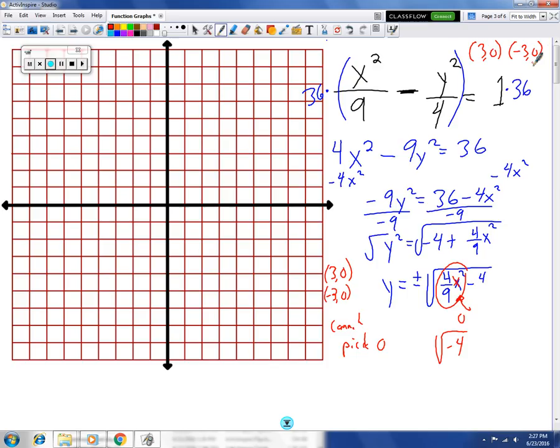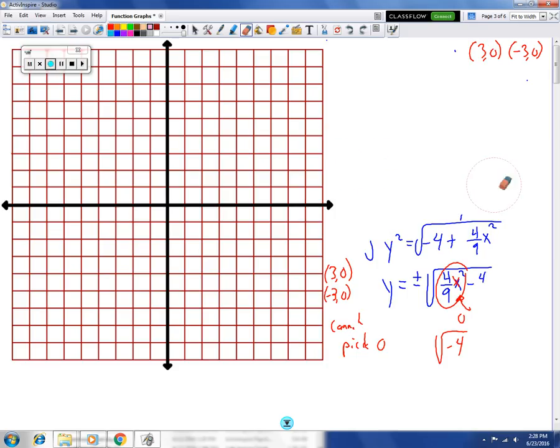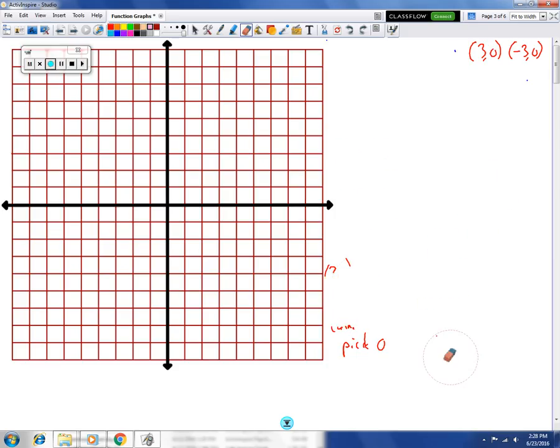And I'm going to erase this, because when I graph hyperbolas, I don't really ever do those. This is what I do. Let me put the equation back up here: x squared over 9 minus y squared over 4 equals 1.